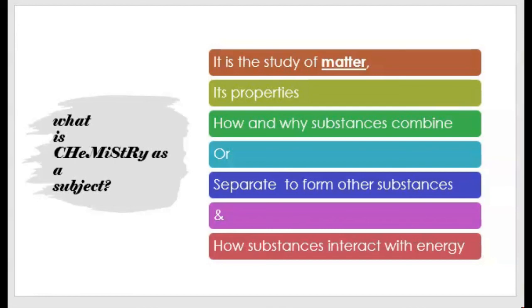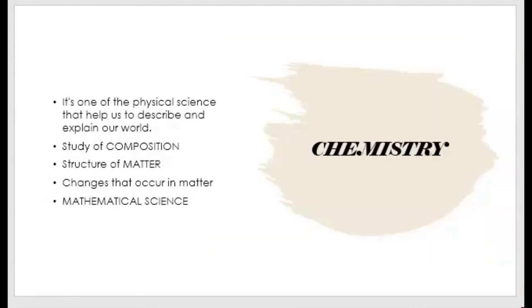So you have an idea about what combination means, and also what decomposition or separation is, and how substances interact with energy, whether exothermic or endothermic. So we can define chemistry as the study of matter, its properties, how and why substances combine or separate to form other substances, and how substances interact with energy. I think you are all clear now about what chemistry is.